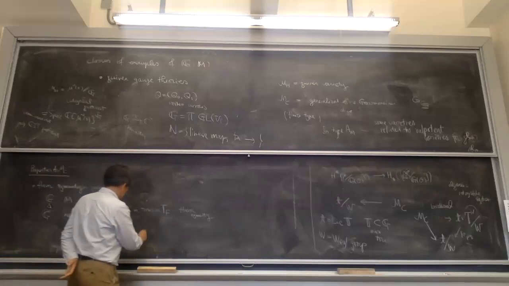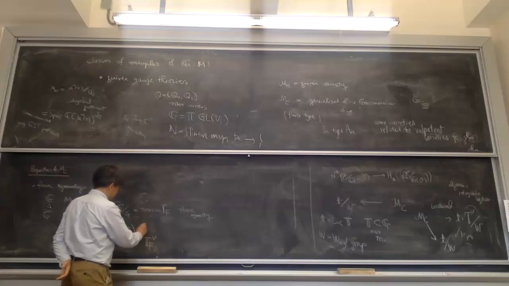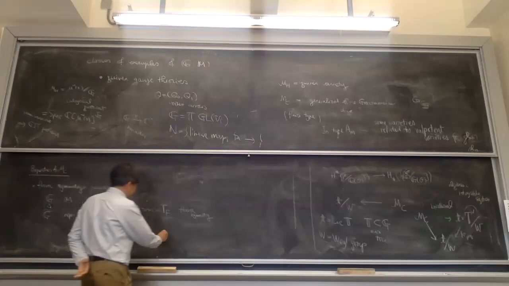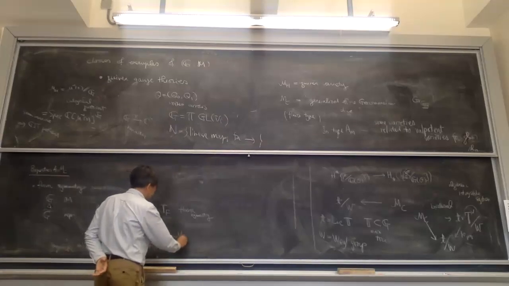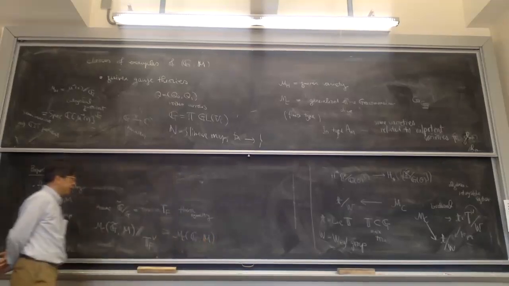In fact, you have the action of the dual torus of the flavor symmetry. And if you take the reduction by T_F dual, then you recover the original Coulomb branch.